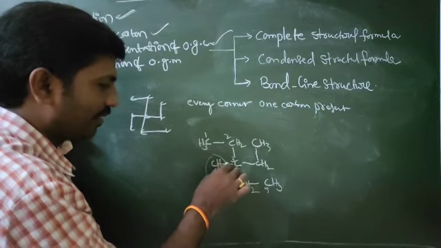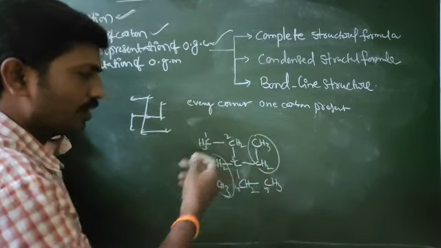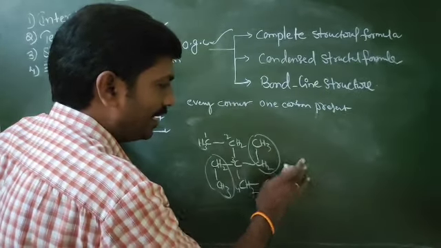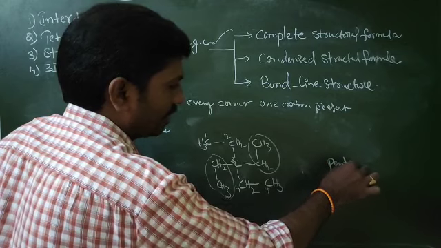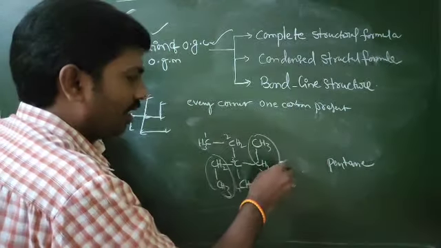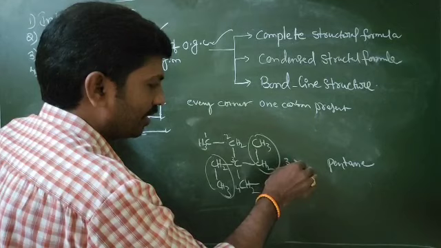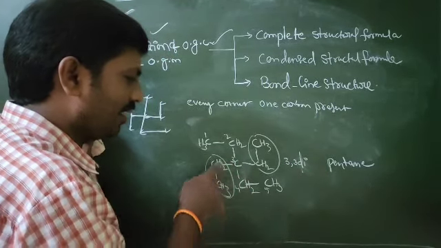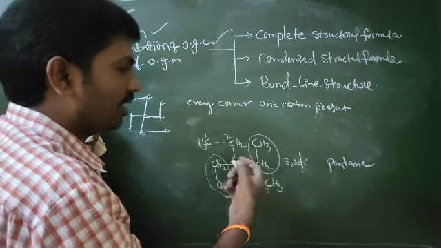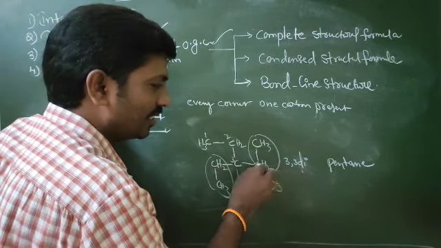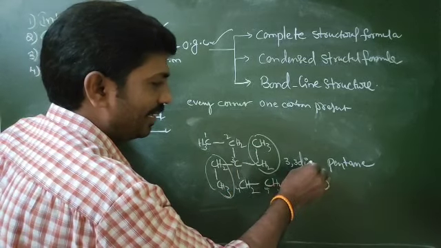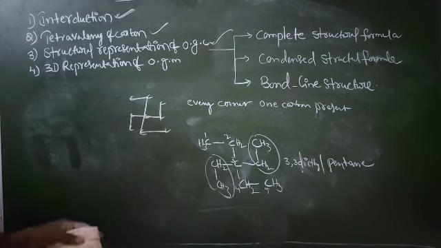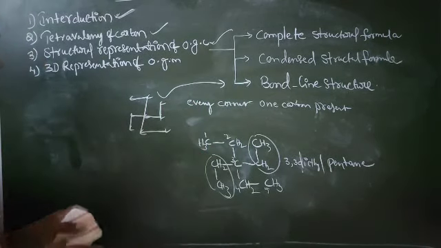The 3rd carbon having 2 side chains. 5 carbons means pentane, right? All are single bonds, pentane. Third having 3,3-di means 2. 3,3 means the third position having ethyl group, one more third also ethyl, C2H5 ethyl. Diethyl pentane. 3,3-diethylpentane. So this is bond line structure.